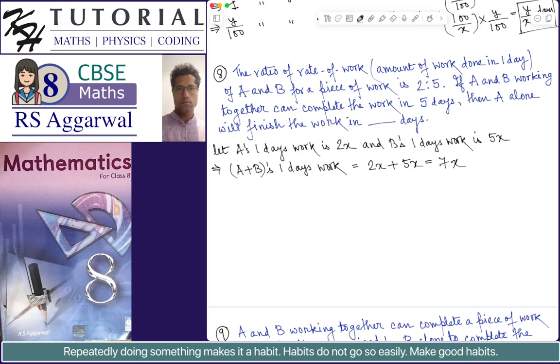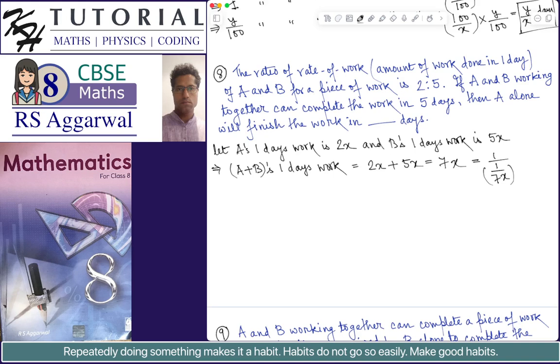Okay. If A plus B's 1 day's work is 7x, we know from the second rule that if the amount of work done in 1 day is 1 by n, then the whole work will be completed in n days. Now we can write 7x as 1 by 7x.